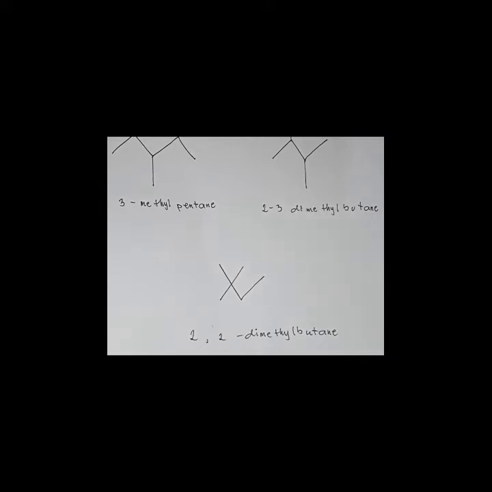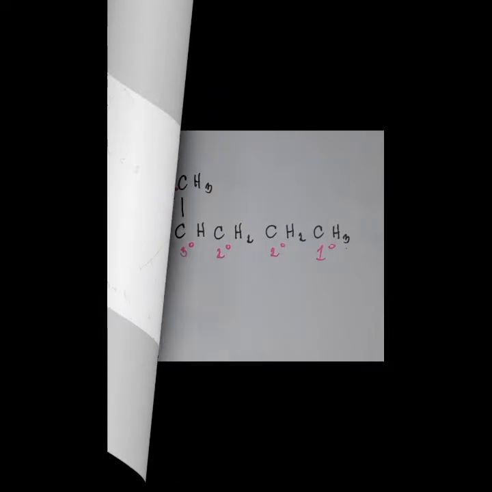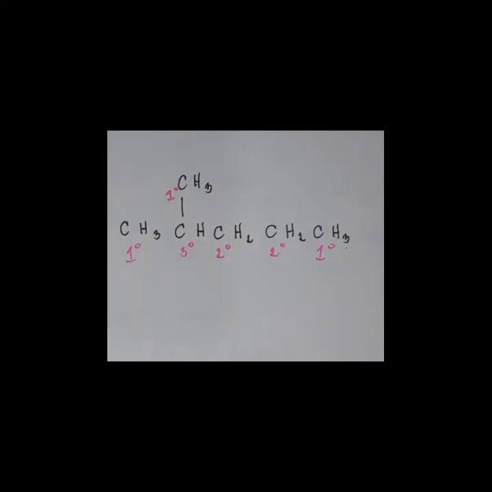So that is for problem 2.4, which is to draw the structures of the 5 isomers of hexane, which is C6H14.